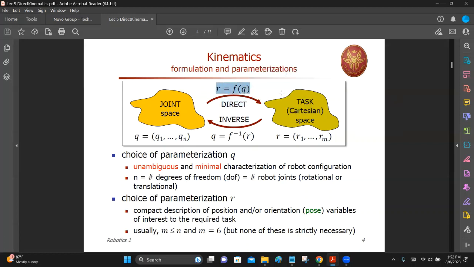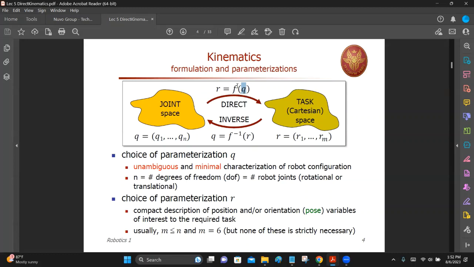So we can simply describe the forward kinematics using this equation, R equals function of Q. So what is that? Q is the joint angles, right? All of the joint angles from Q1 to maybe Q6. If it's a 6 degree of freedom manipulator, 6 joints, what are their angles, right? Once you know that, there's a set of equations here.